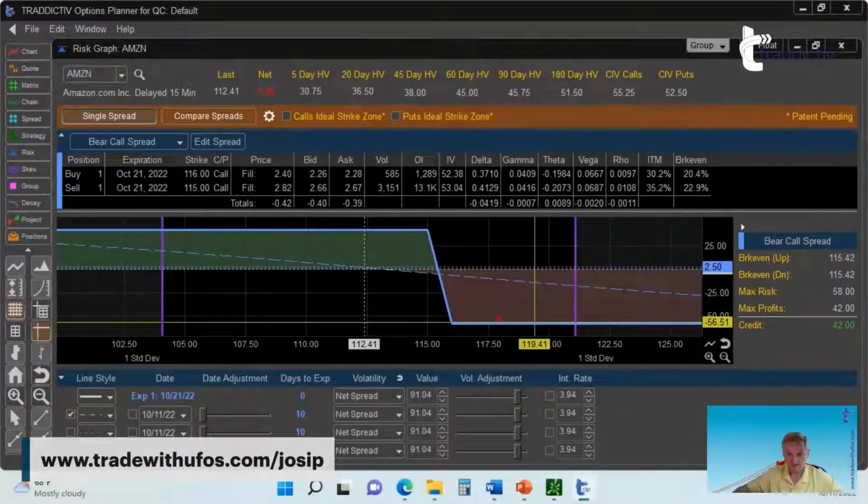Let me make this in red because this is where my $58 loss is. If by any chance the price action of the Amazon starts going higher than 116, I cannot lose more than what I have marked here as a 58. That's the beauty of it.